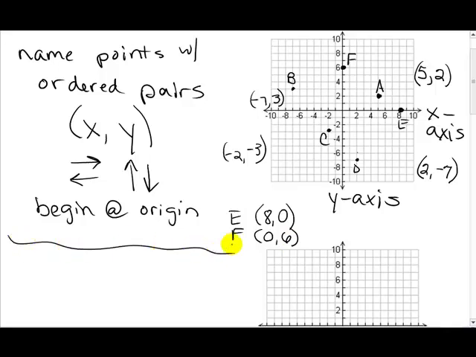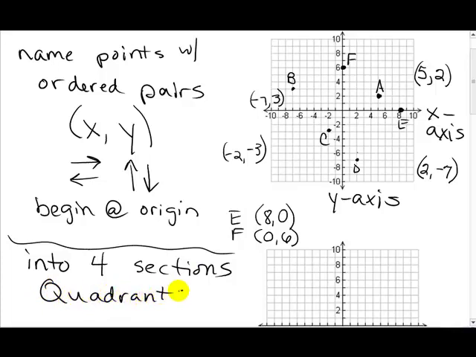Now this coordinate system is divided by the axes into 4 sections that are called quadrants. And the quadrants are measured in Roman numerals.